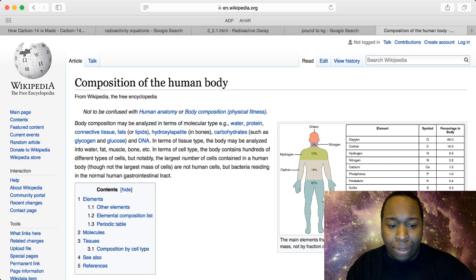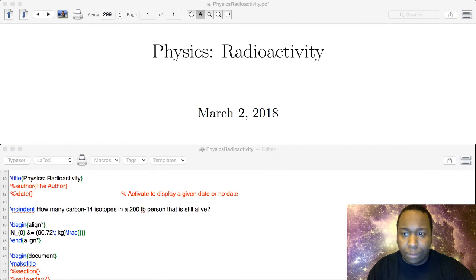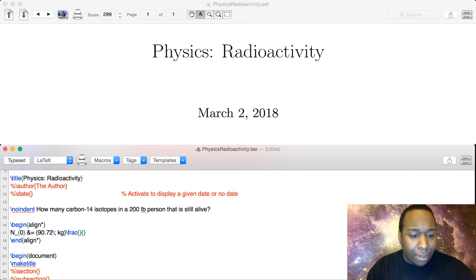So we need to multiply. So let's go back to our tech document. We need to multiply this by a factor of 18.5%, which is going to be 0.185.